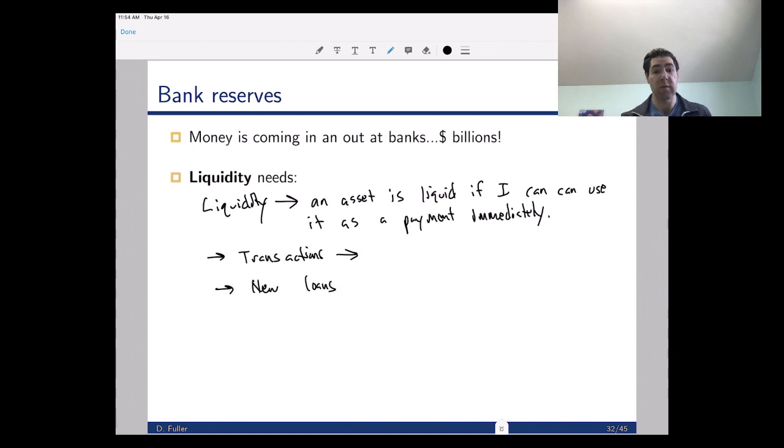And so as banks generate these new loans, they need to have sufficient liquidity, transactions, reserves, in order to finance and make these new loans work. So there's lots of need in the banking system to have liquidity. And that is where the federal funds market comes in, is going to be when banks may not have sufficient liquidity to finance all of these different transactions and new loans.